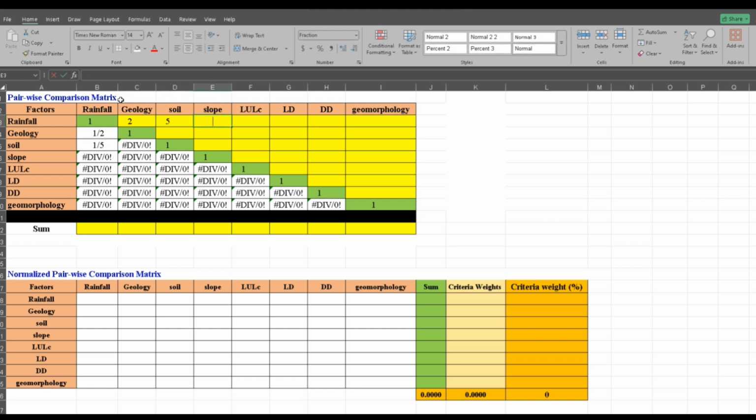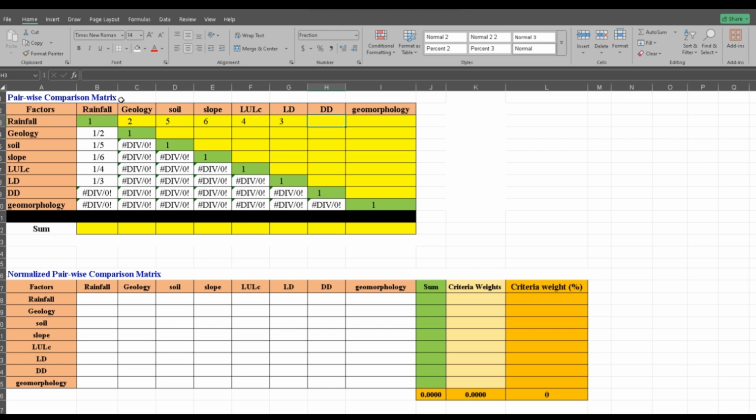Versus slope, rainfall is important. Versus land use land cover, rainfall is important here also. Versus lineament density, rainfall is moderately more important than lineament density.